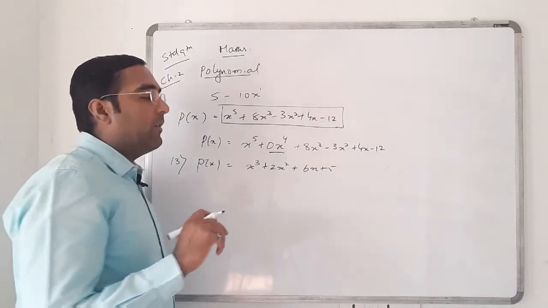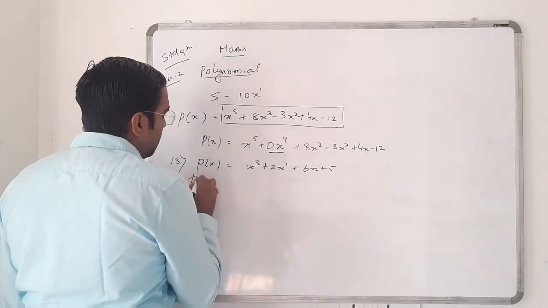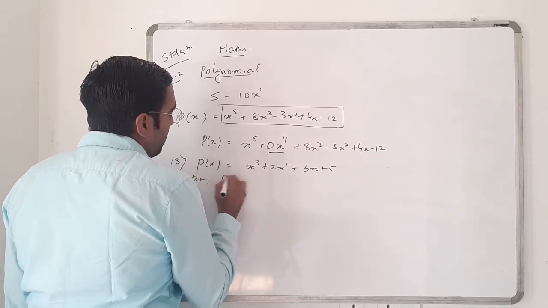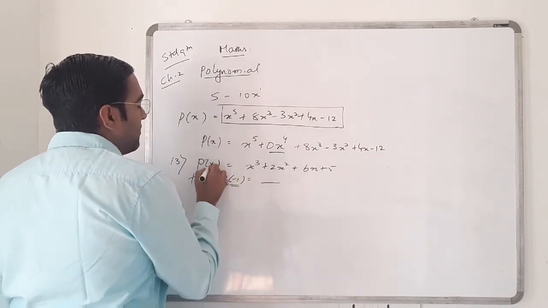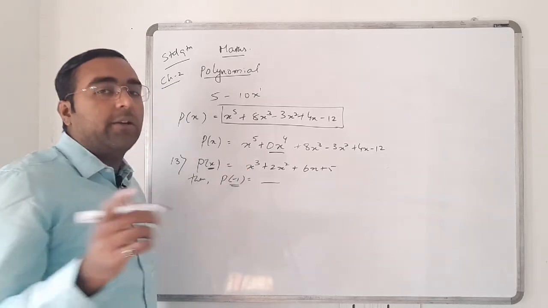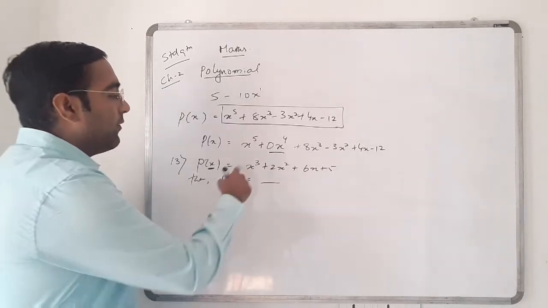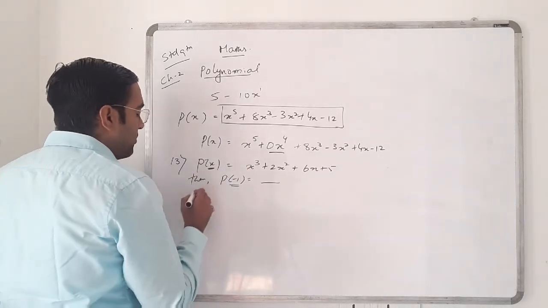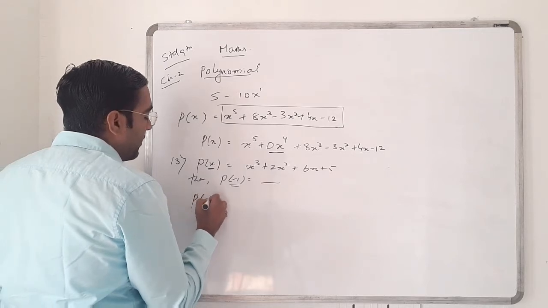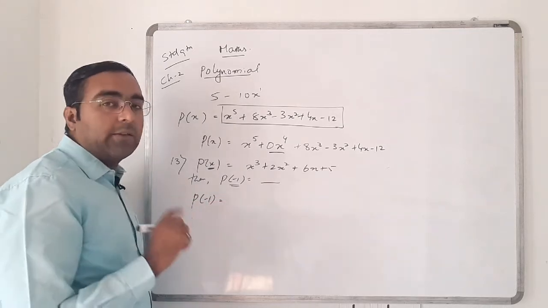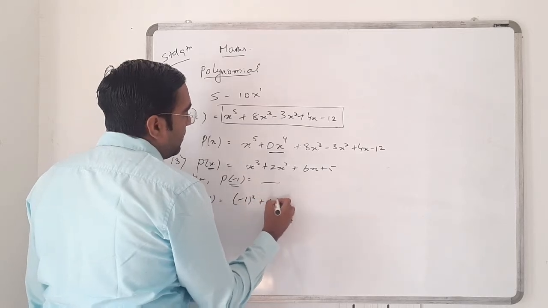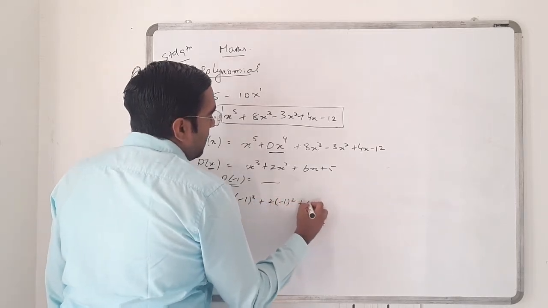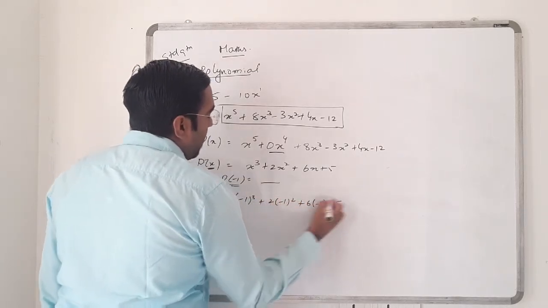Then p of minus 1 is equal to what? P of minus 1 means we take the value of x equal to minus 1 in the equation. So the answer will be minus 1 cube plus 2 into minus 1 square plus 6 into minus 1 plus 5.